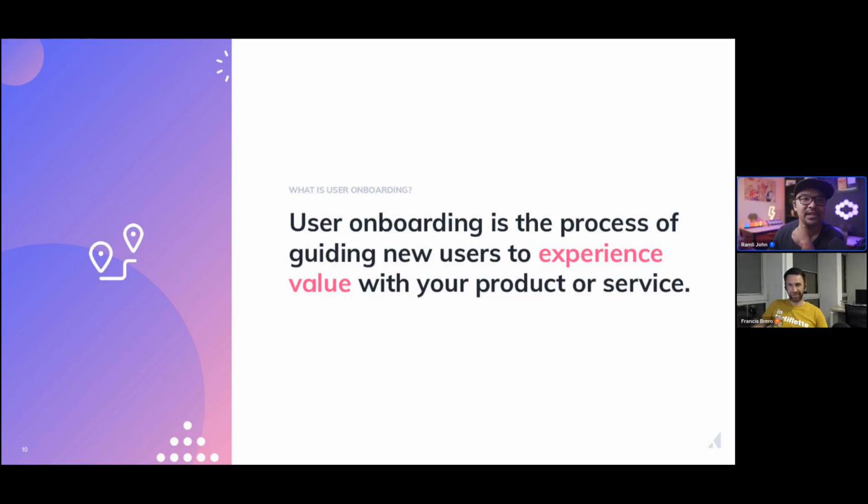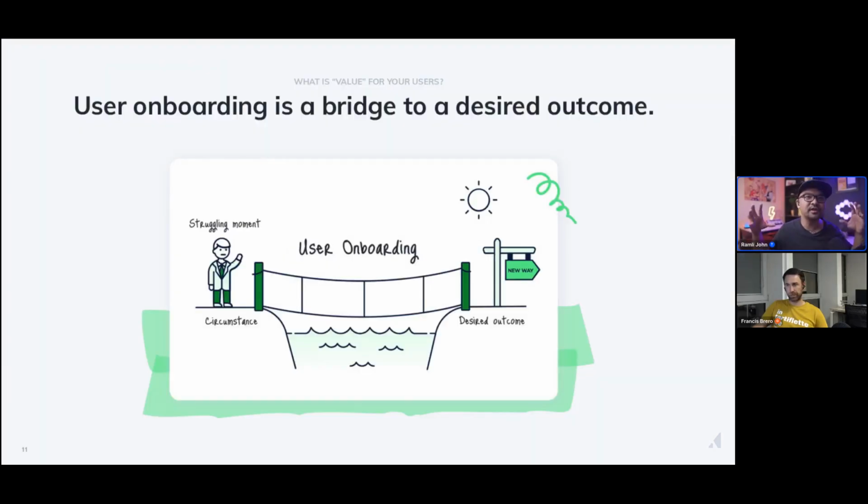And I think the key here, and where people get it wrong the most, is the word value. When you ask anybody what value they're talking about, I imagine this like a bridge. User onboarding is that bridge to a desired outcome for a user. The best way that I've heard it described is like you're painting a picture of a promised land for your users.